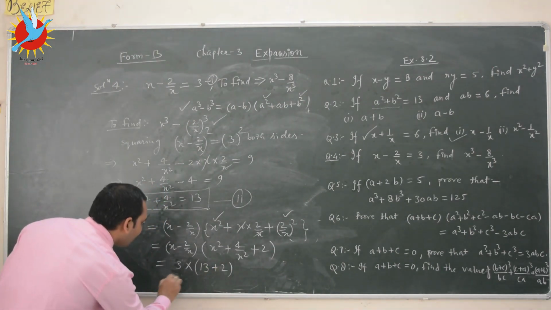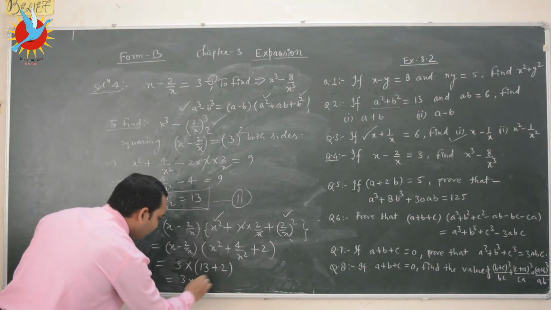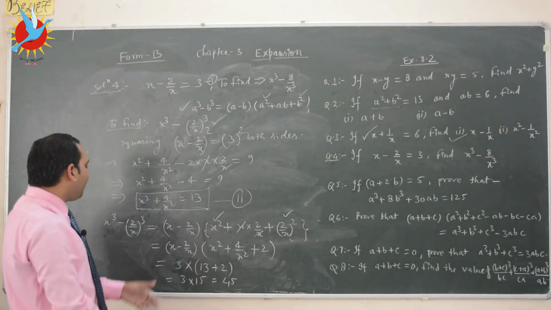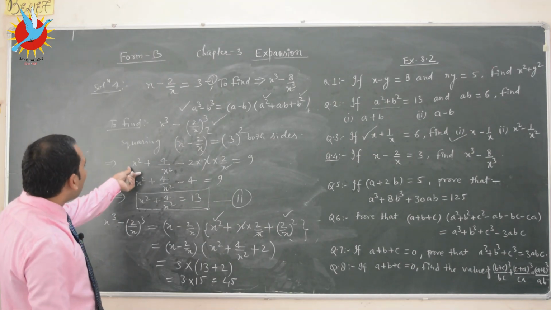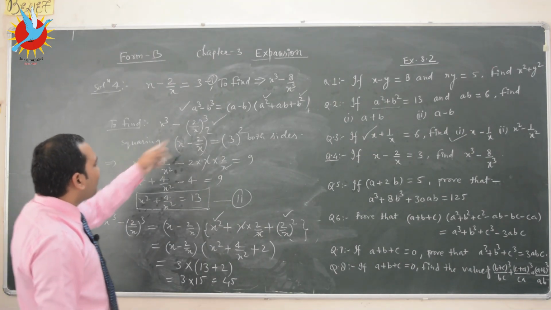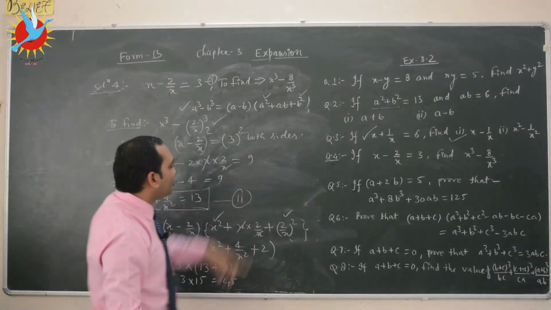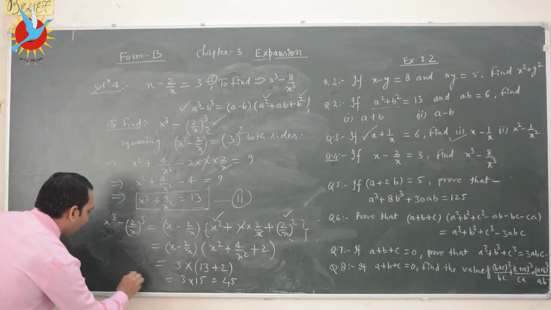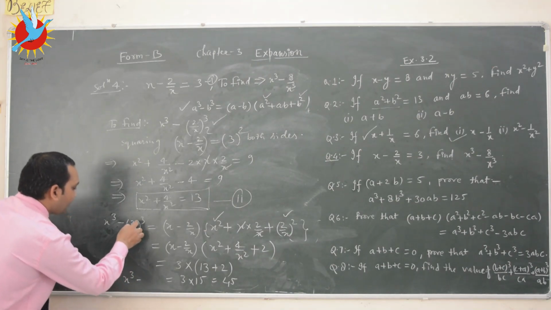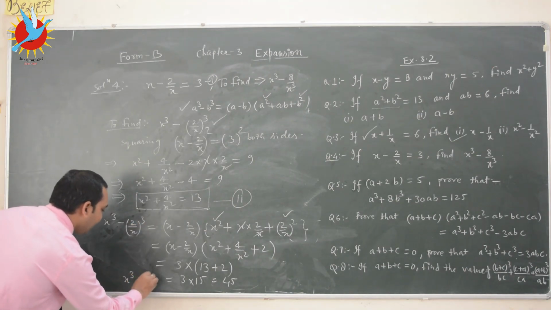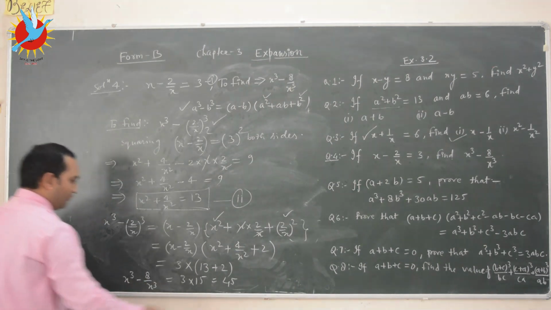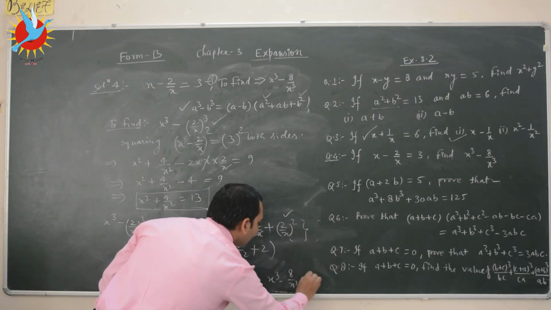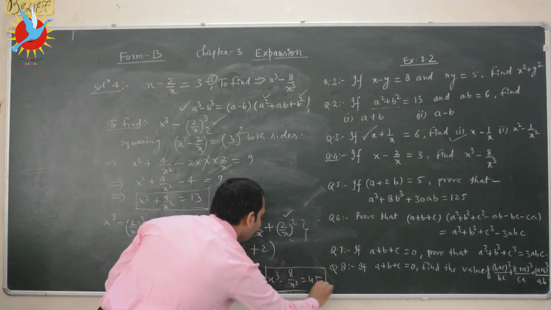So 3 into 13 plus 2, which is 15, which is equal to 45. So the value of x cube minus 8 upon x cube is equal to 45. Here the value of x cube minus 2 upon x whole cube means x cube minus 8 upon x cube is equal to 45.